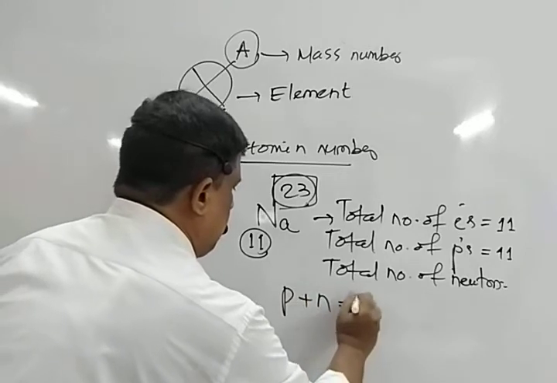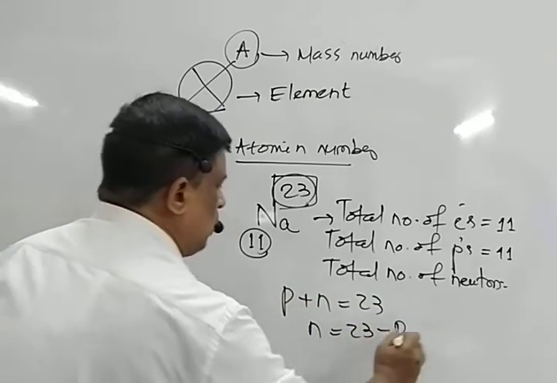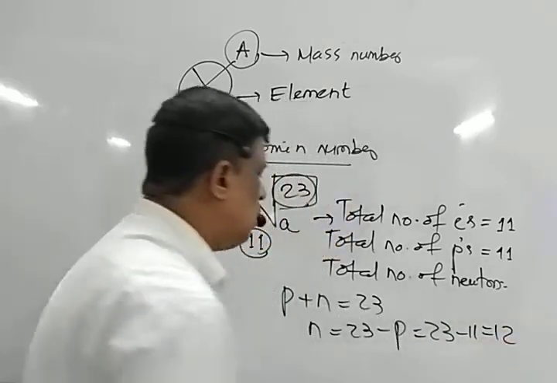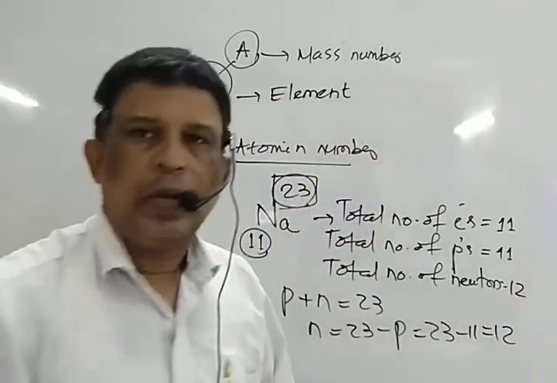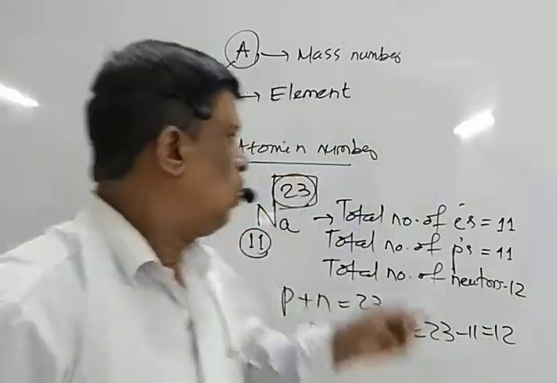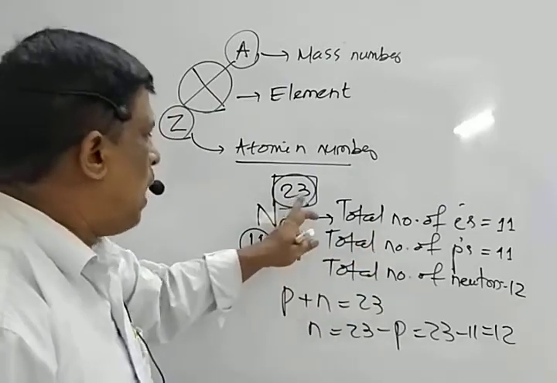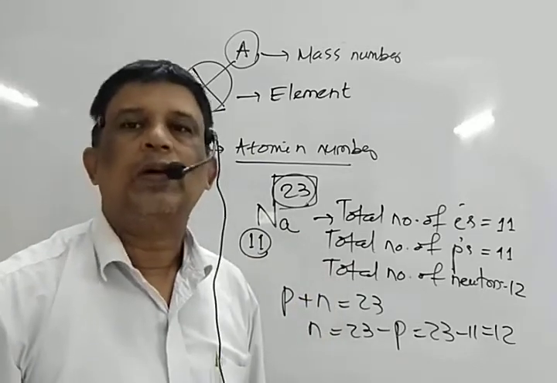Proton plus neutron is 23, so neutron is equal to 23 minus proton. That means 23 minus 11 is equal to 12. So total number of neutrons is equal to 12. So in case of neutral atom, total number of electrons is equivalent to total number of protons, and mass number minus atomic number gives rise to total number of neutrons.